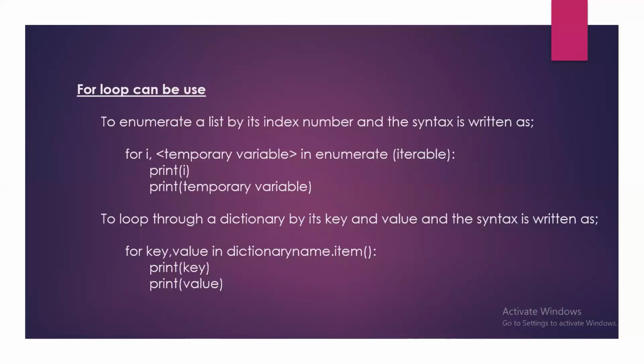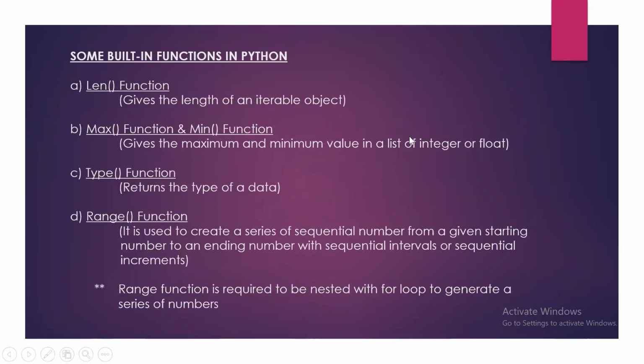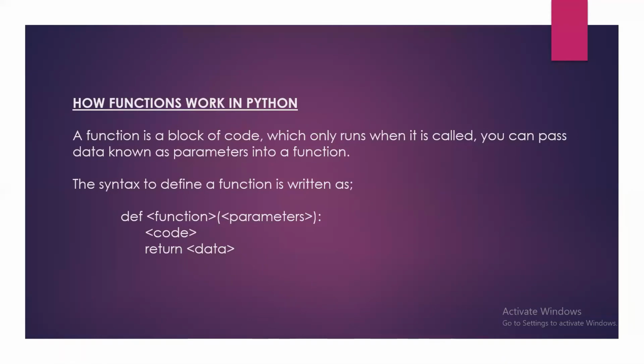Now let's see how we can use or create functions in Python. So let's see how we can create a function and what functions are in Python. Functions are basically blocks of code which only run when we call them. And you can pass data, which is known as parameters, into that function.